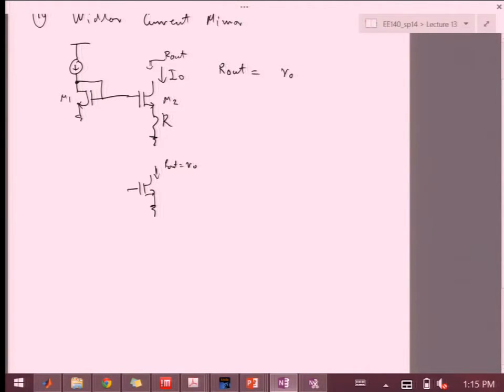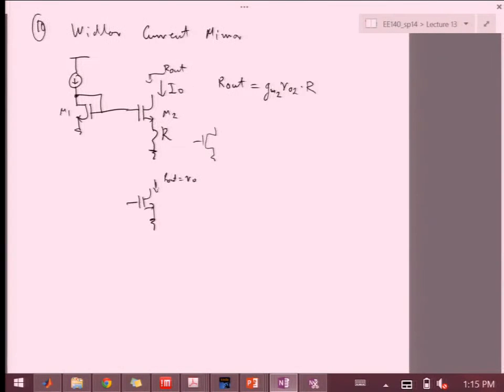Okay, so if I replace this R with another transistor, for example, which gm? From which transistor? Okay, so there's gm2. And then it's ro2 times R. This doesn't sound familiar.